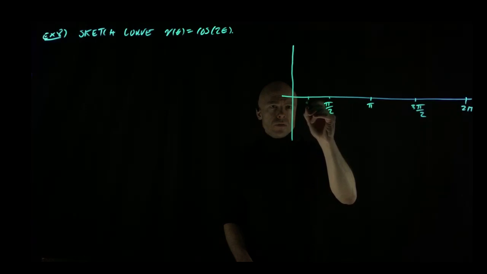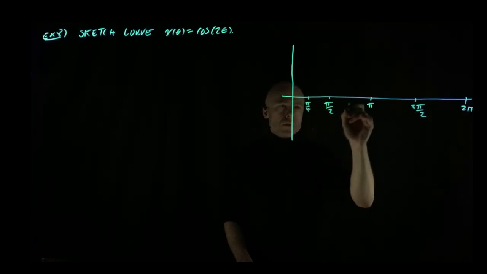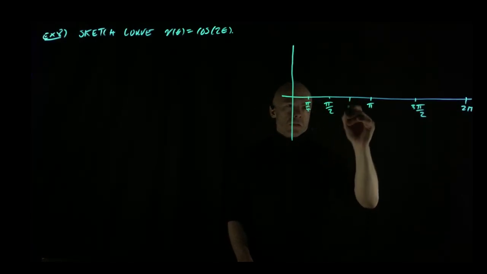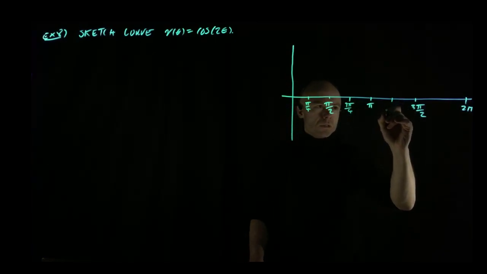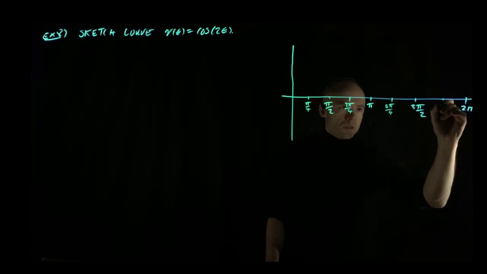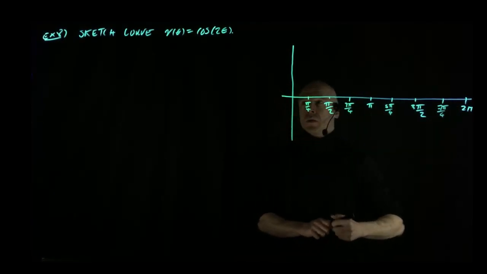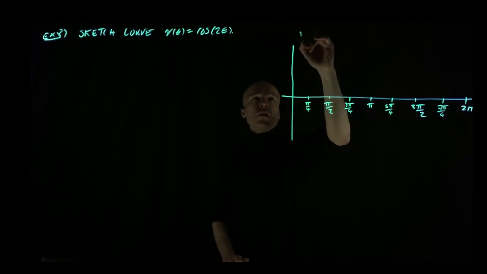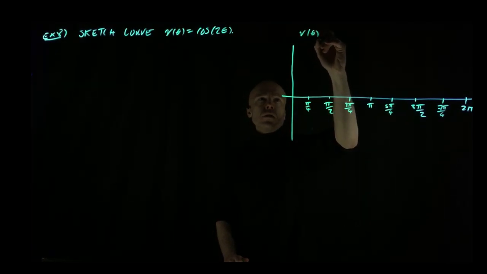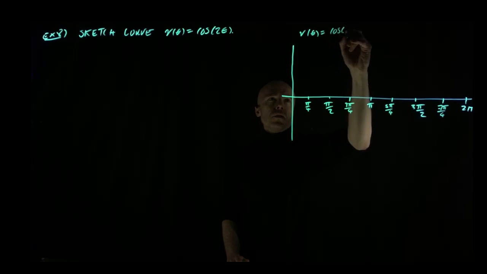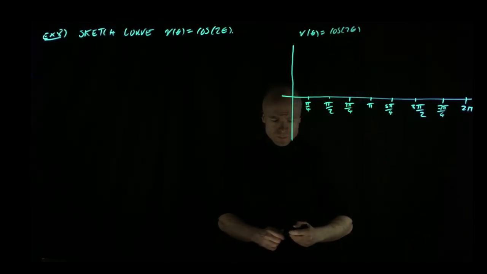And this is pi over 4. This is 3 pi over 4. This is, I guess, 5 pi over 4. And this is 7 pi over 4. Okay, let's plot the graph of r of theta, which is cosine 2 theta, underneath here.